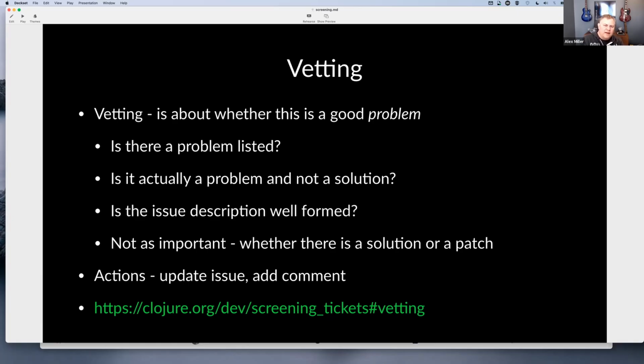So in vetting, we're really trying to form as much of the issue description that's about the problem as possible. We're trying to make that well formed. It's not as important whether there's a solution or a patch. You don't need to evaluate the patch or the solution. Those things are not as critical.